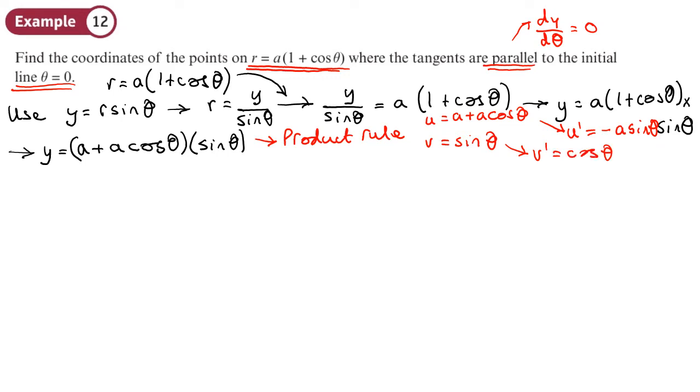So dy/dθ, using the product rule, is u times v dash, so that's a plus a cos theta times cos theta, and plus, it's actually going to be minus, because u dash is minus, so minus a sine theta times sine theta.